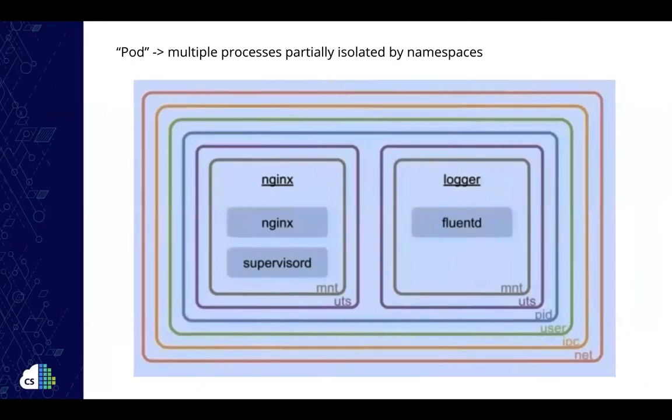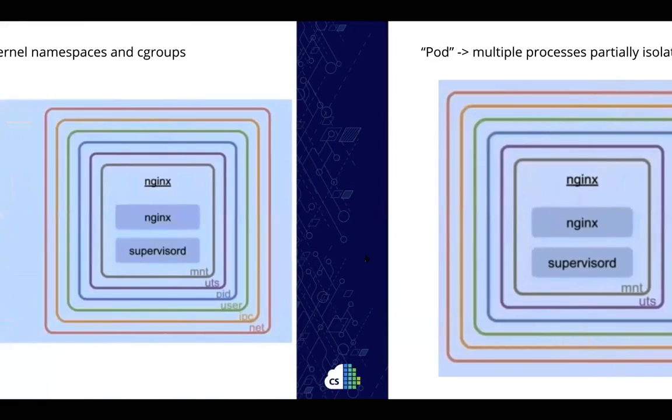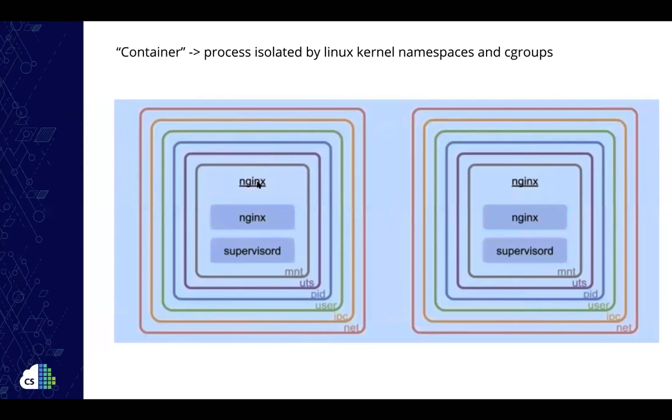But in the case of a Kubernetes pod, it's a bit different. We have these namespace isolations applied to the processes, but two containers in one pod will share some namespaces. In this situation, these two Nginx containers see themselves as running on completely different machines, virtual or physical.